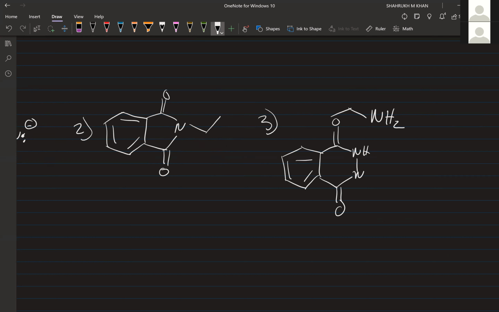Yep. So the main product you're looking for is the ethylamine. That's the whole point of this Gabriel synthesis: phthalimide is kind of like a docking station to create your amine. It's a source of nitrogen, really. It's a very cool way of doing it. So no, I'm not showing a mechanism.